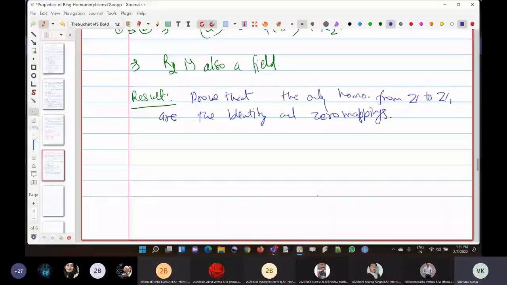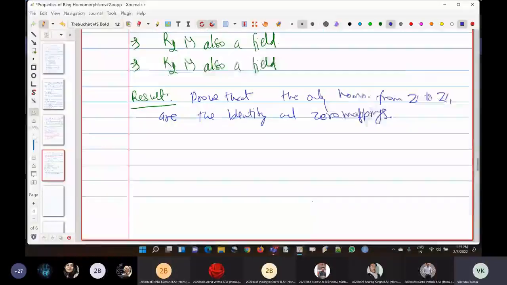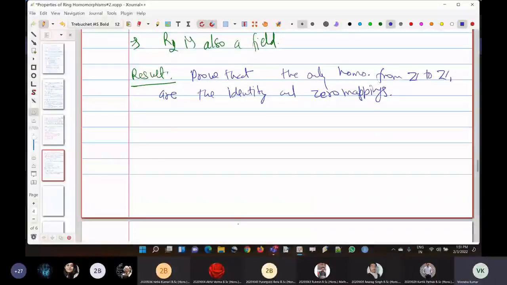Of course, you know that the zero mapping is itself a trivial homomorphism. I meant to say that you need to prove that the zero mapping and identity are homomorphisms.